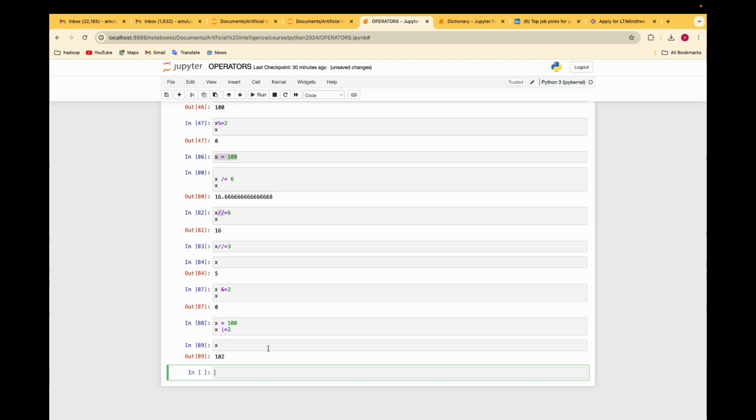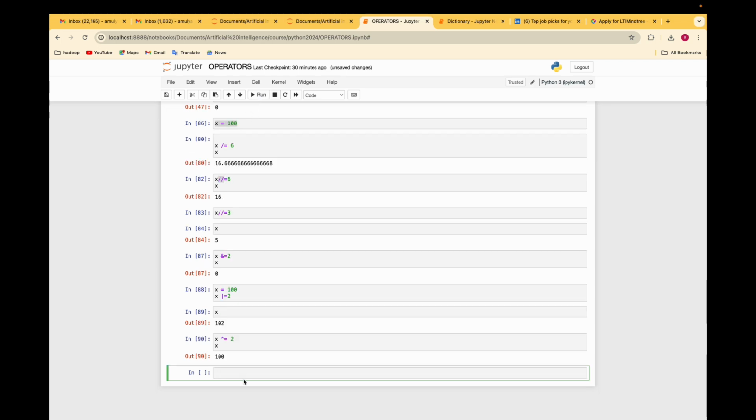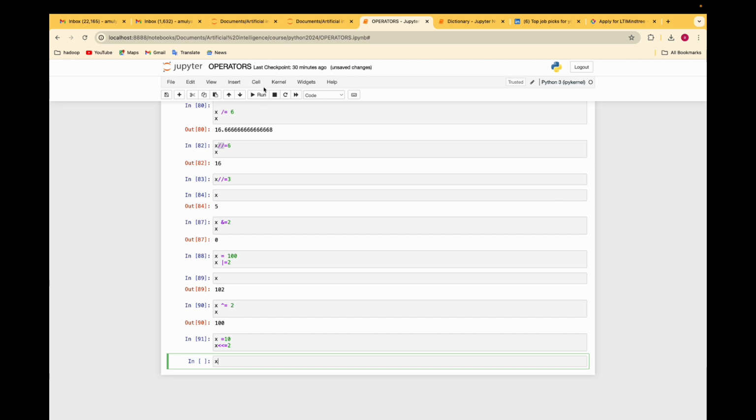How about x caret equals to 2? It's called the bitwise XOR operator, not the power. And how I print the value is it's 100. How about if x equals to 10 and x shift left 2? How do you consider the value?